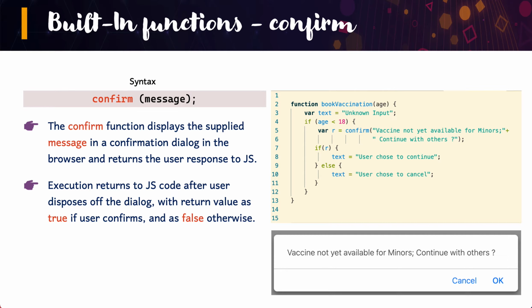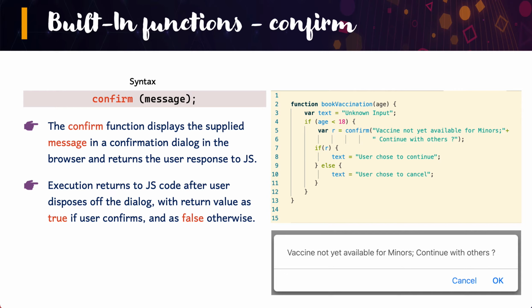Once user clicks on either of the buttons, the execution comes back to the JavaScript, but more importantly, there is a variable that is filled that indicates whether user clicked the OK button or the cancel button. Let's look at the example. Line number 5 is where we are showing the confirmation dialog box.